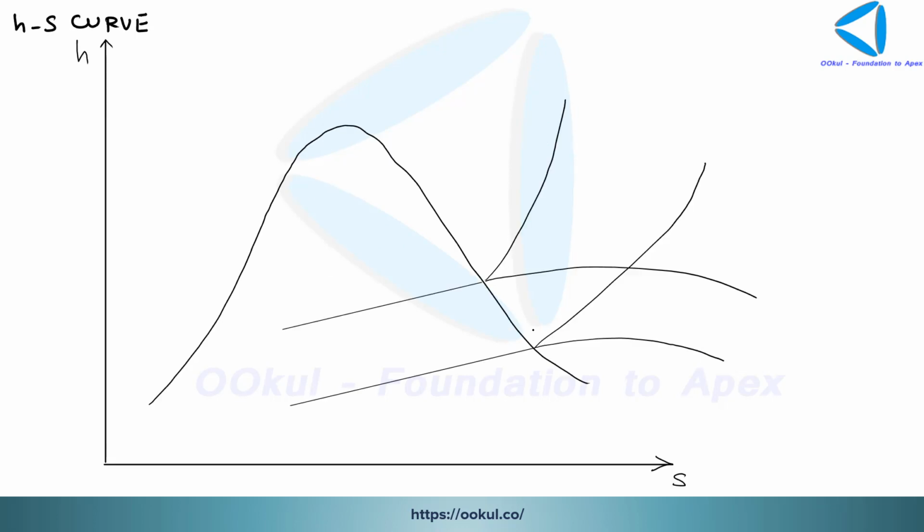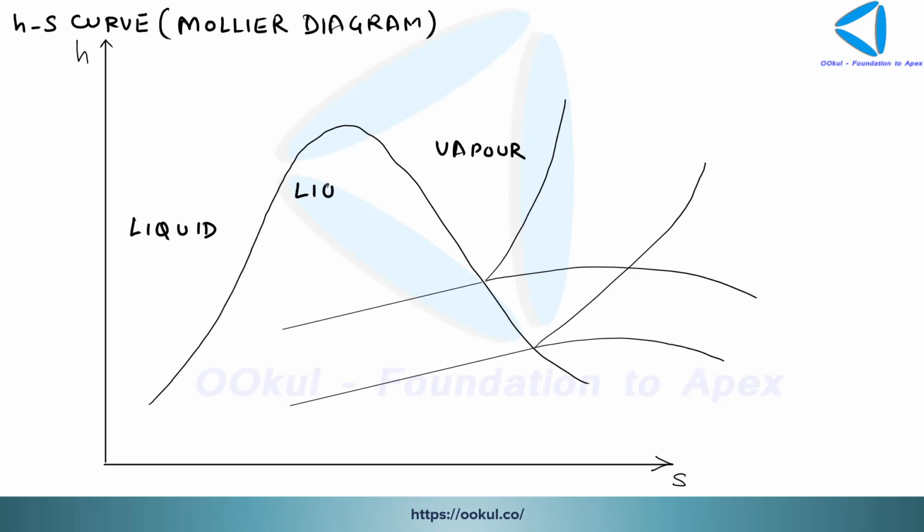Now let us see another diagram, the HS diagram, which is also known as the Mollier diagram. In this, the regions are: this is the liquid region, this one is the vapor region, and this is liquid plus vapor.